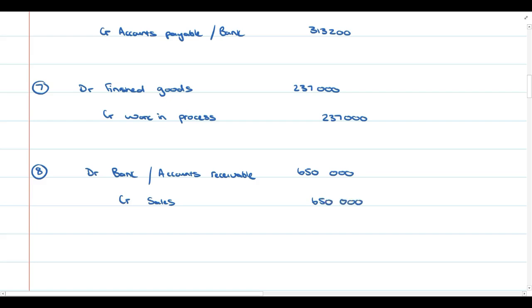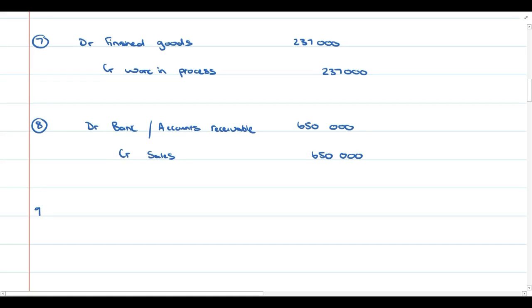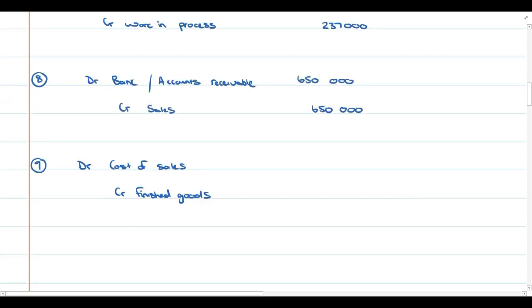And at the same time, we also debit cost of sales and we credit our finished goods inventory because remember what we are doing over here, this is your matching principle in financial accounting.